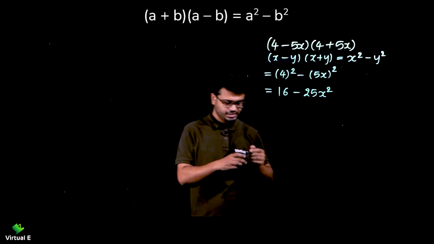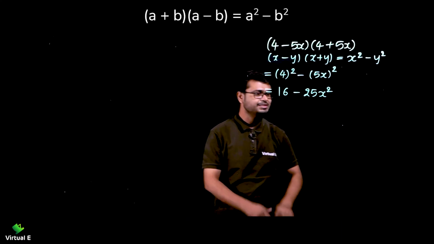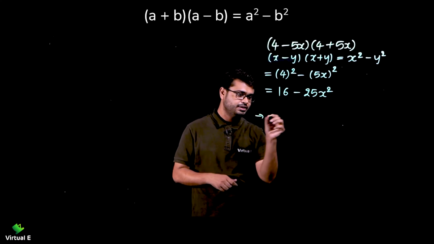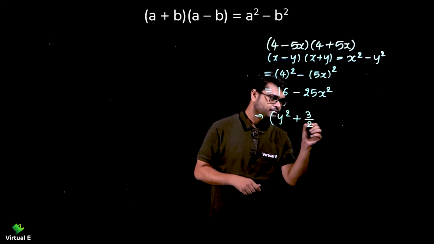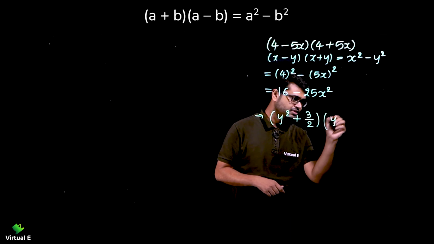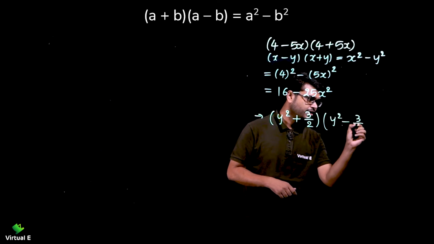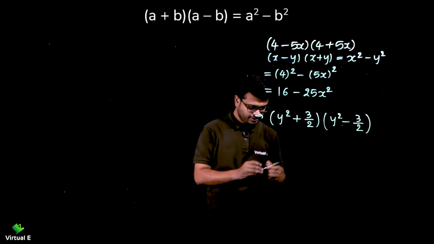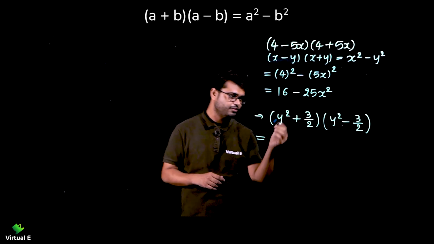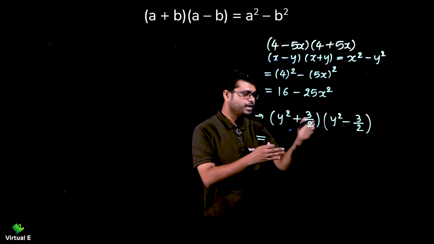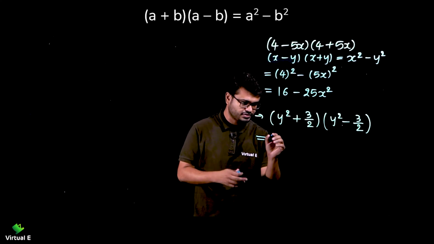You just need to take the square. Let's discuss one more question. Here let's take y square plus 3 by 2 and here y square minus 3 by 2. So how shall we do this question? Here again we are going to follow the same x plus y and x minus y form.